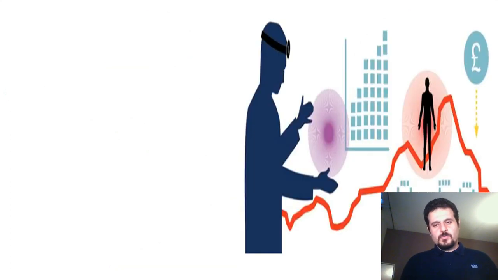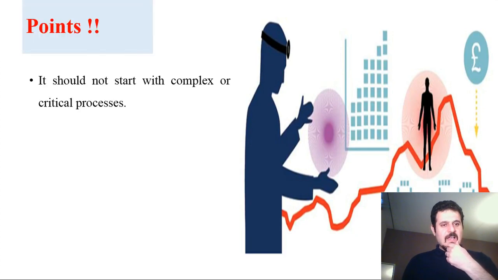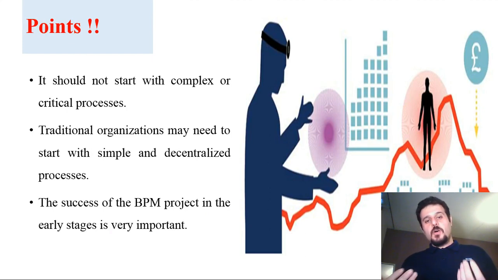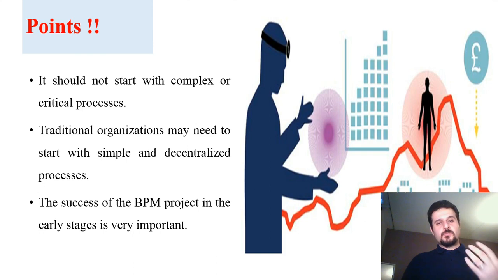I don't talk about that; I just want to talk about some points. You should consider that it should not start with complex or critical processes, because the risk of these processes is high and you need more time to implement them. And a traditional organization may need to start with simple and decentralized processes.